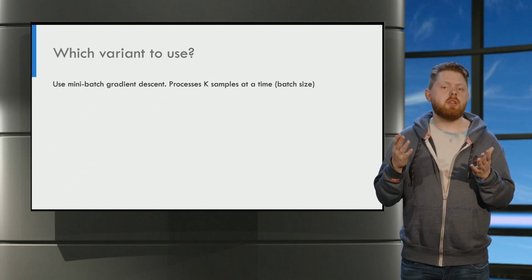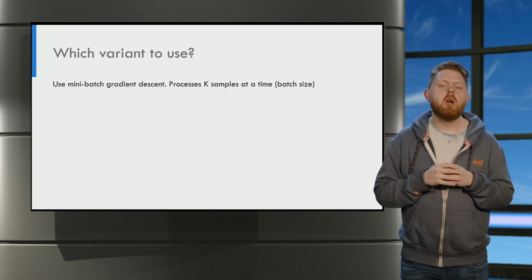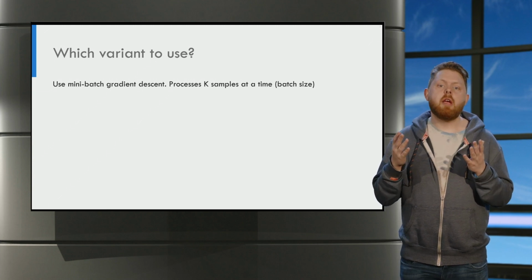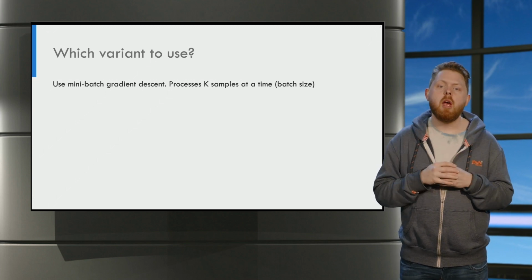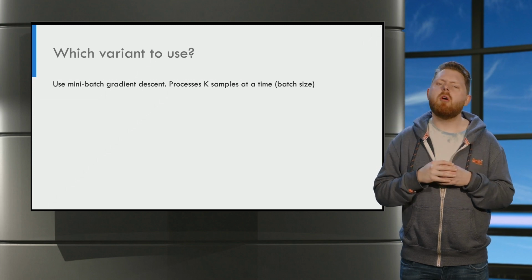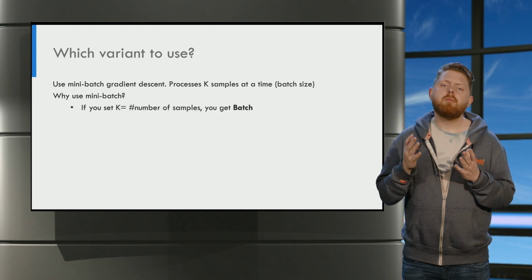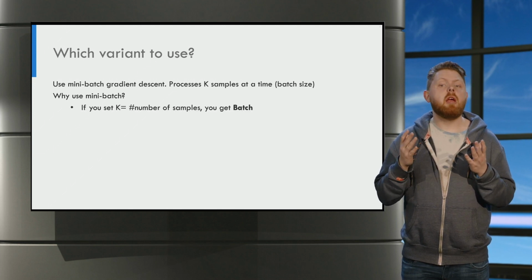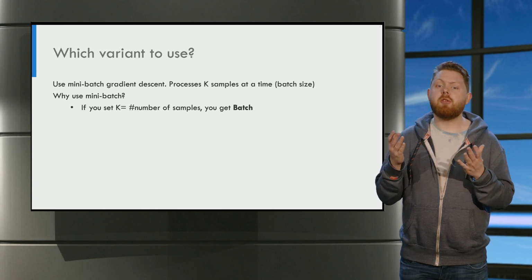My advice is always use mini batch gradient descent. Remember that this variant in each iteration processes k samples at a time. K is called the batch size. So why this variant? Well, if we set k equal to the number of samples in the training set, we obtain batch gradient descent.